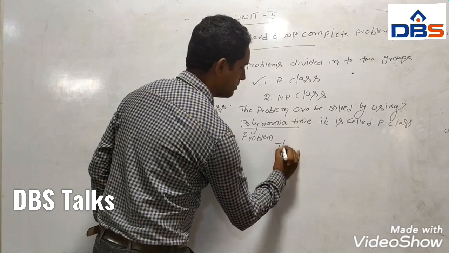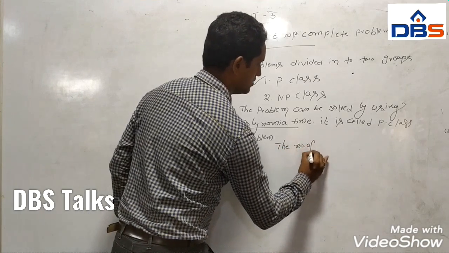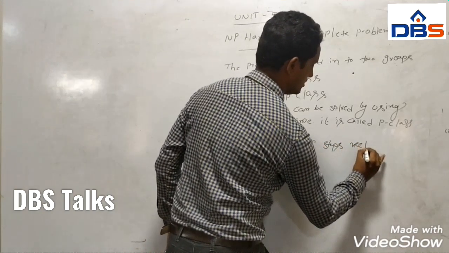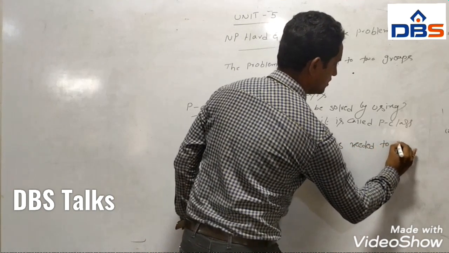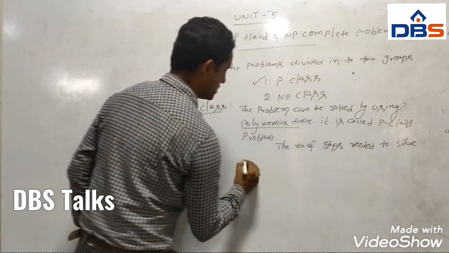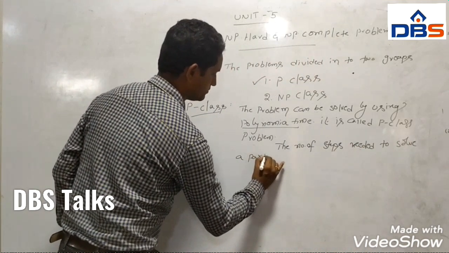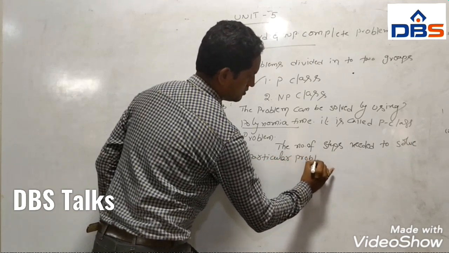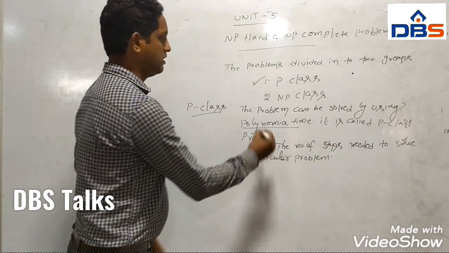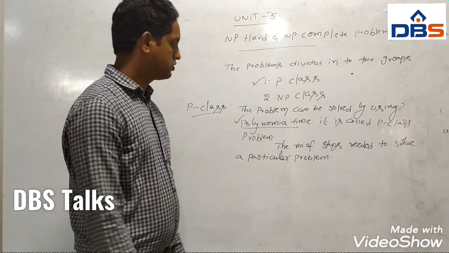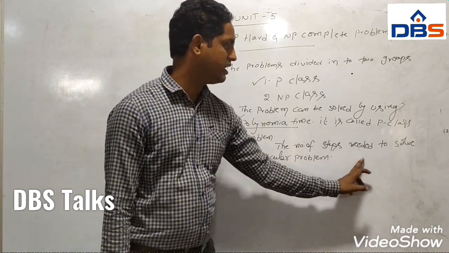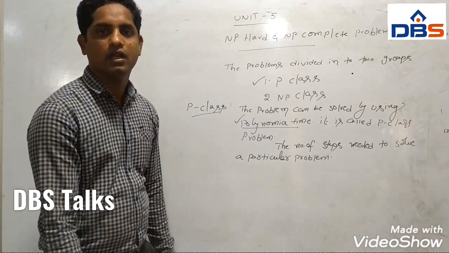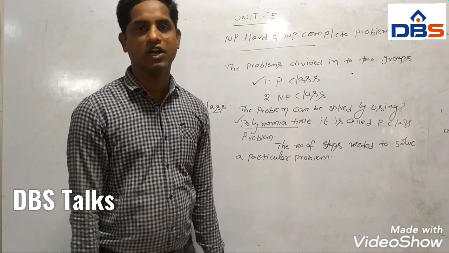The number of steps needed to solve a particular problem is called a polynomial or polynomial function.